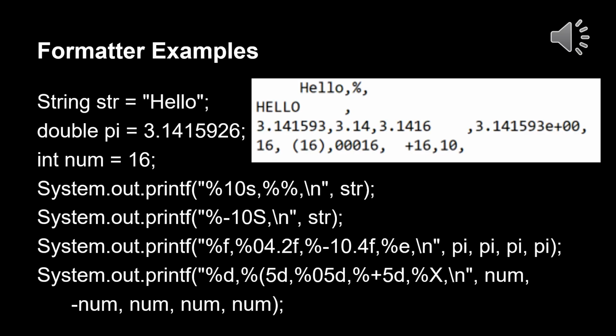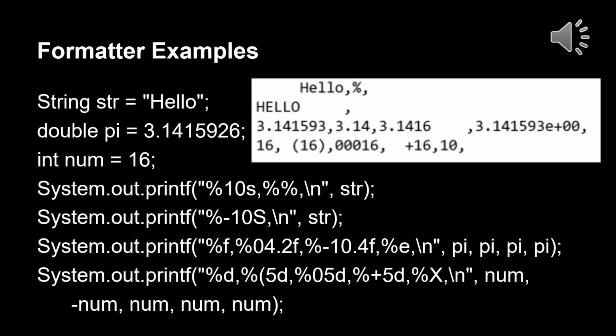The third one, different ways of formatting a floating point number. In the third printf, the first %f is just format a floating point number. And we notice the arguments are all pi, following the format specifier string. If you just want %f, then it'll write it out 3.141593. Then the second one is %04.2f.